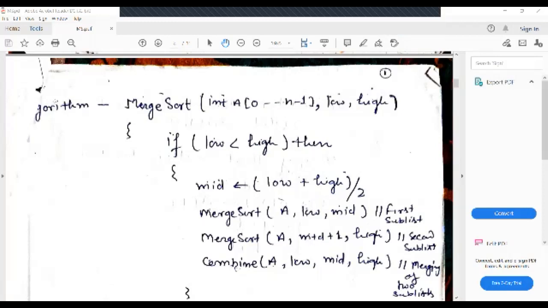So in the divide and conquer strategy, first we divide a problem into smaller sub problems, then we conquer. Conquer means we solve that problem recursively. After solving those sub problems, which are obviously smaller than the bigger one, we combine the results such that the combined result is the output of the desired task which we are looking for.